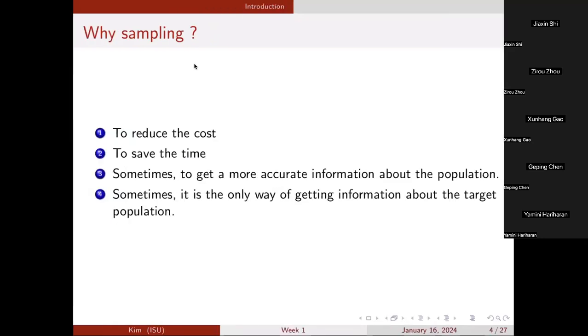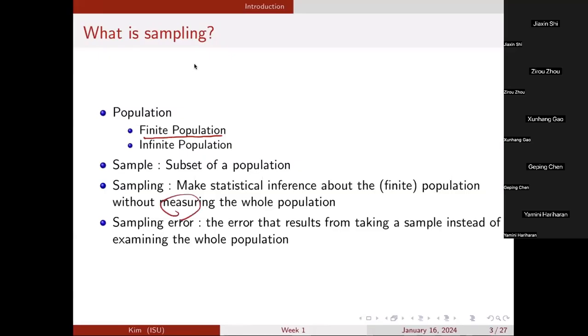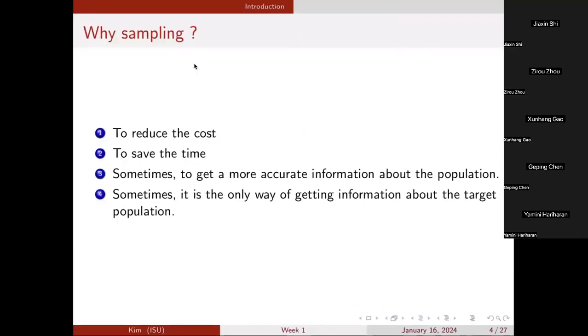And why sampling? Well, we want to reduce the cost. When it comes to measurement, measurement means that we can interview, right? So we ask questions, and there's some labor behind the measurement. So the total cost is a linear function of the sample size.